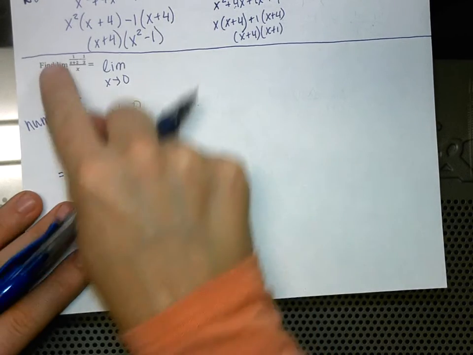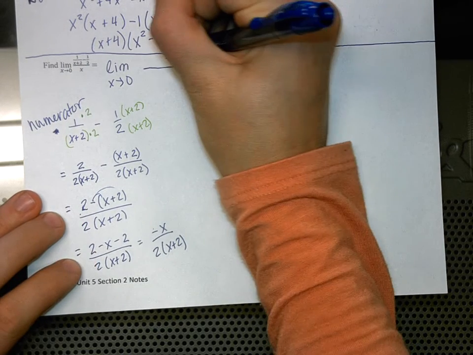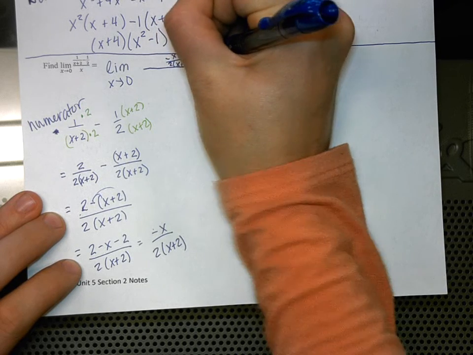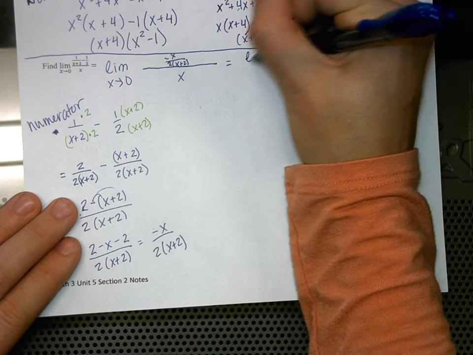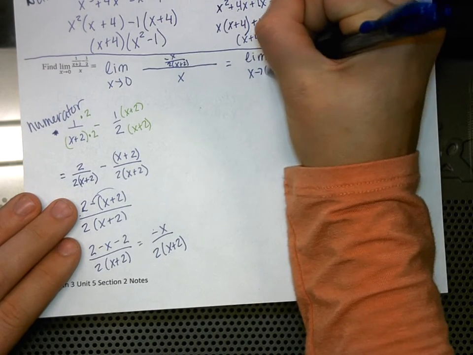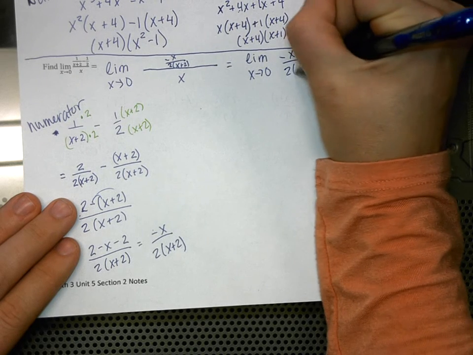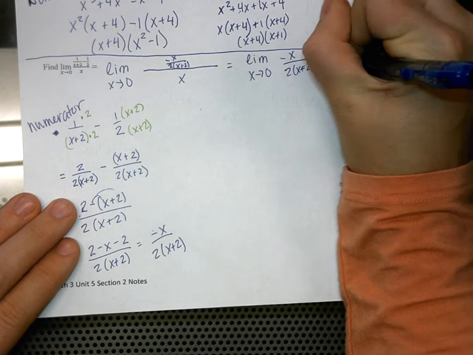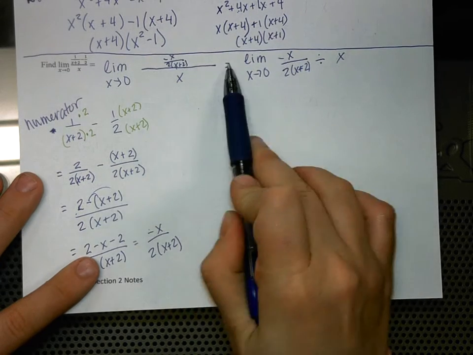So if I'm rewriting my limit, this is my new numerator, but my denominator is still x. So if I want to change that, I'm going to change it to my numerator divided by my denominator.